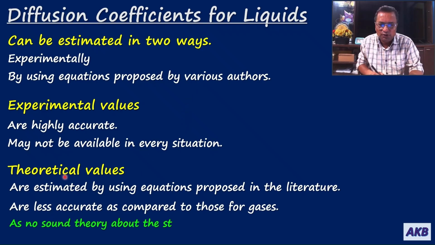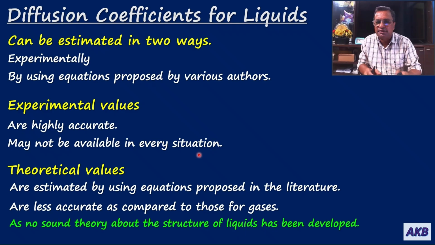For liquids, you don't have any sound theory about the structure of liquids. Like for gases, you have the kinetic theory of gases. Since most of the equations for gases are based on kinetic theory of gases, they are more accurate. For liquids, we don't have a sound theory about the structure, so the theoretical values are less accurate as compared to those of gases. Let us move ahead.